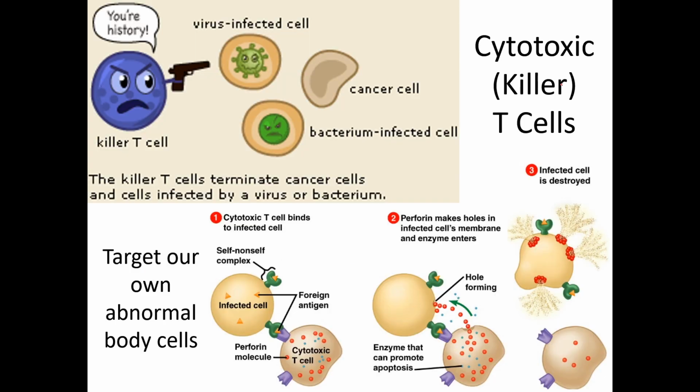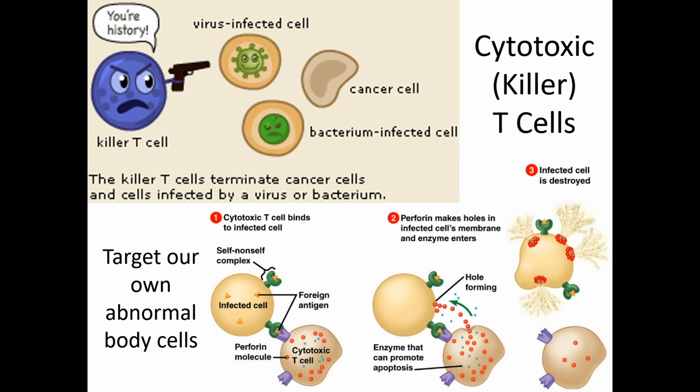Cytotoxic. Cyto means cell, so cell toxic, also called killer T cells. Similar to natural killer cells, which were part of the second line of defense, the non-specific defenses, part of the innate division, here the cytotoxic T cells, part of the adaptive division, they fight off the same stuff. They target our own cells that have been infected with a virus and cancer cells.